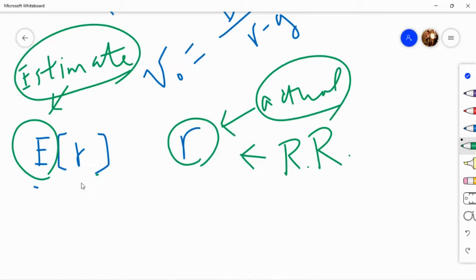This is a very basic example in probability theory. There's a sack of red balls and white balls.